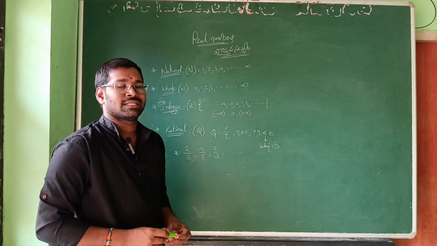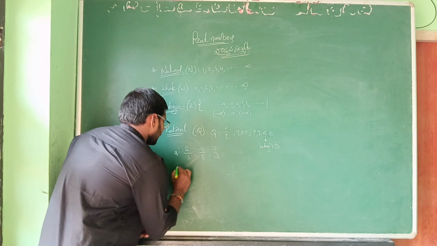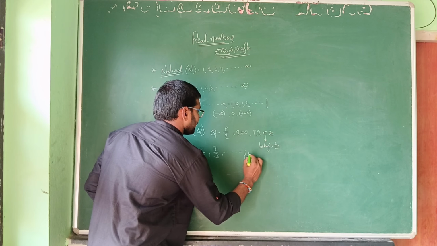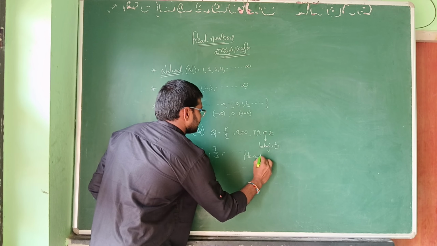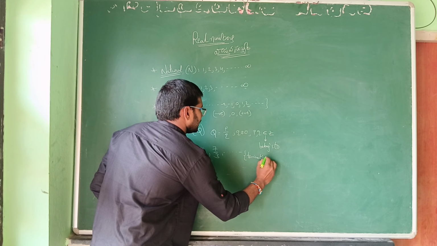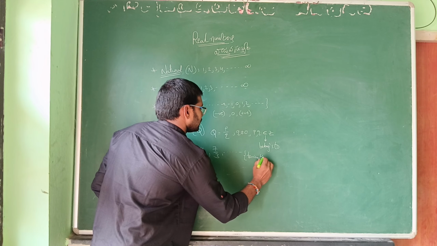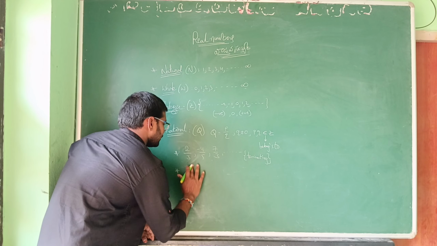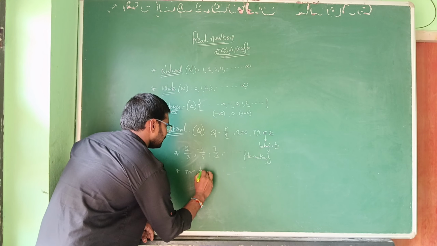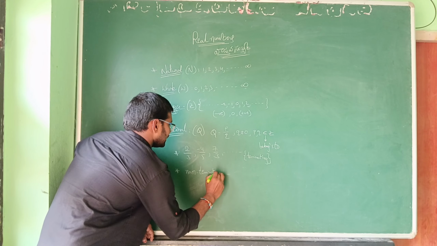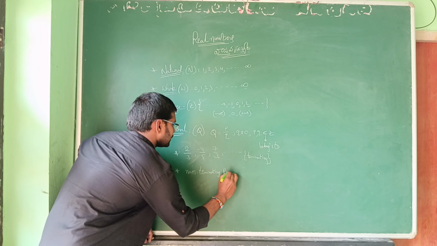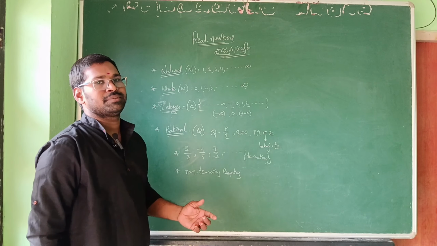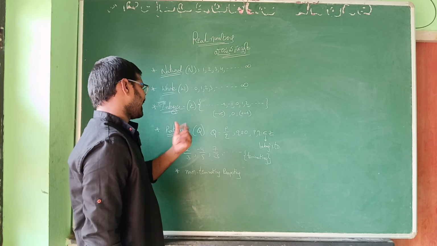Rational numbers have another form also, that is terminating decimals, and one more, non-terminating repeating. Non-terminating repeating numbers are also rational numbers only.